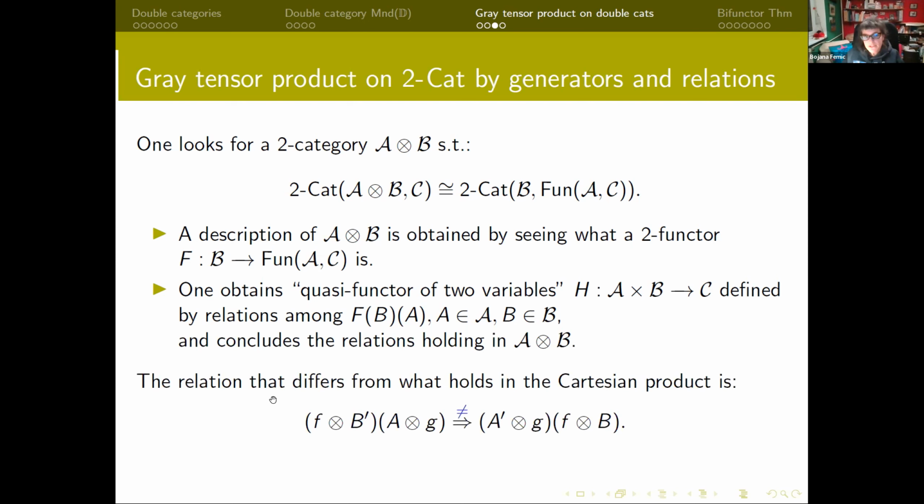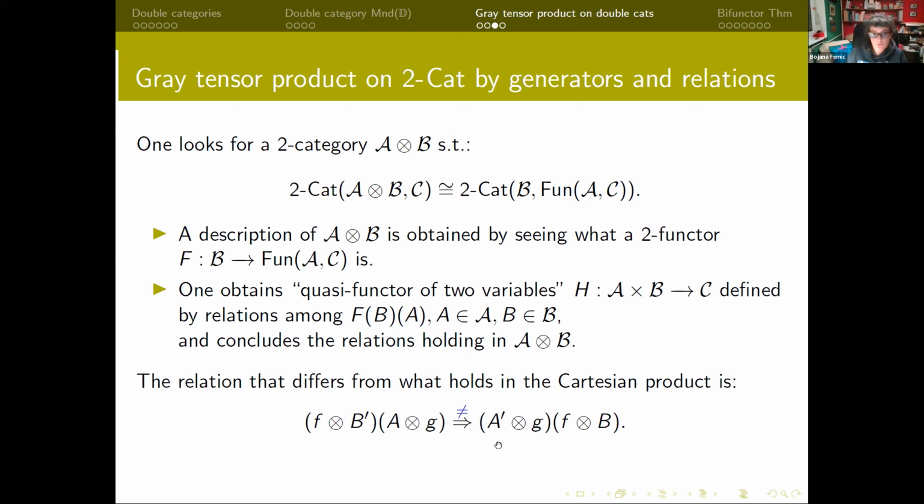The most striking relation that differs from the Cartesian product is the one here. If instead of the tensor signs you would have commas, then these capital A and B are identities, and F and G are one-cells. In the Cartesian product, both sides would just be (F, G). But in the Gray type product, they are not the same.